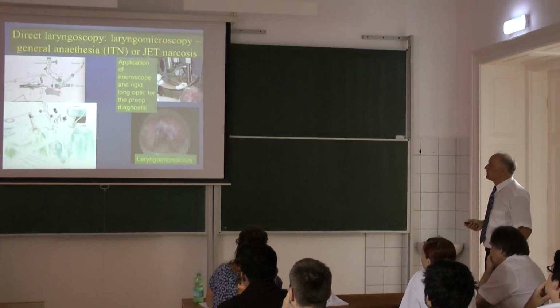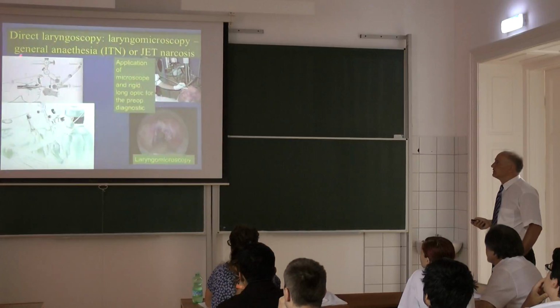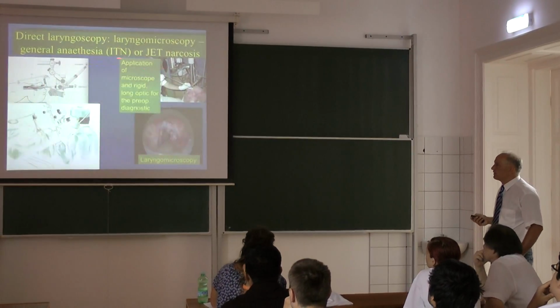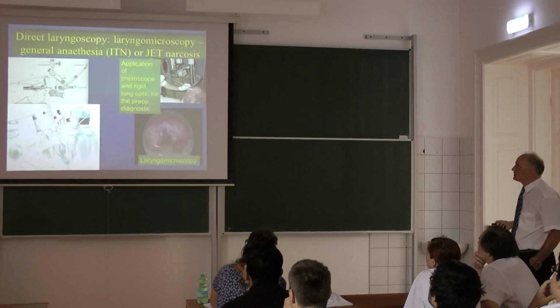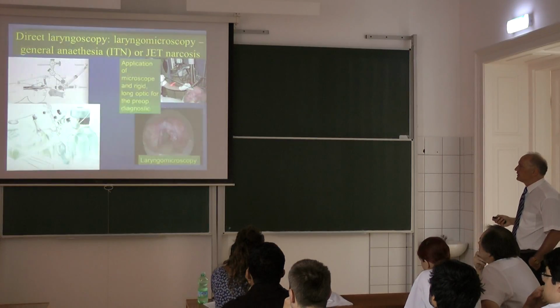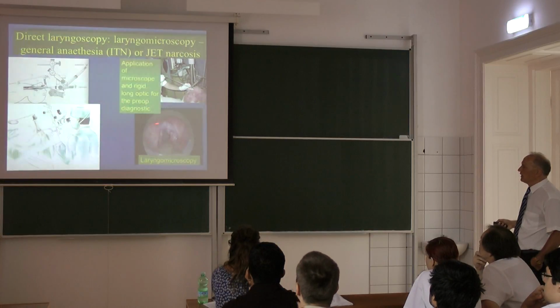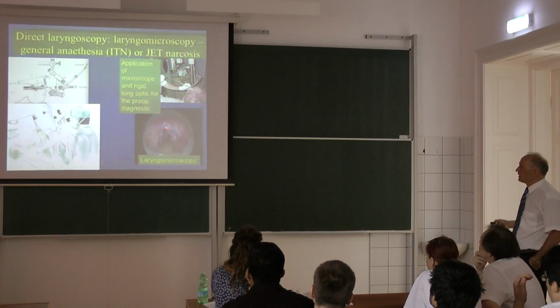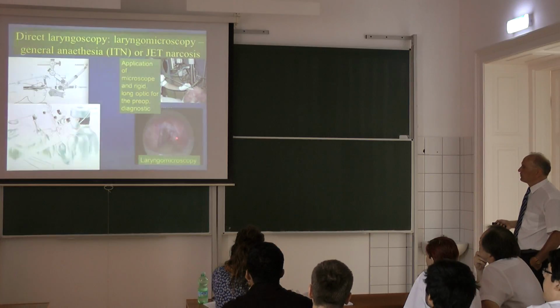You see here the basic setup of the direct laryngoscopy, microlaryngoscopy under general anesthesia. The patient is under general anesthesia with a special ENT laryngoscope to explore the larynx and the pharynx, and you can see here the vocal folds. This is the intact one, and this is the tumor on the right vocal fold.